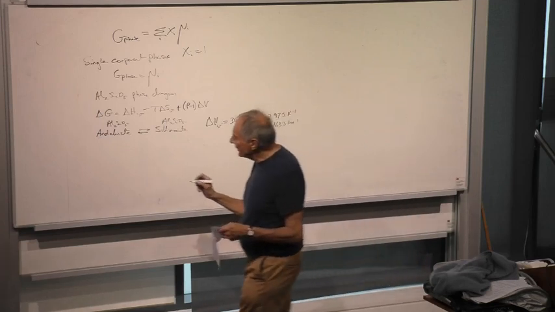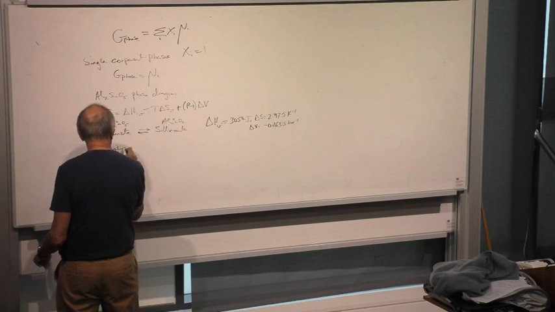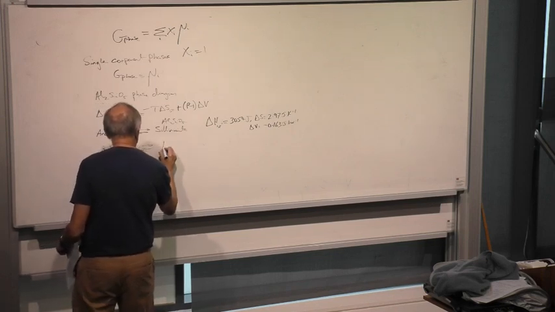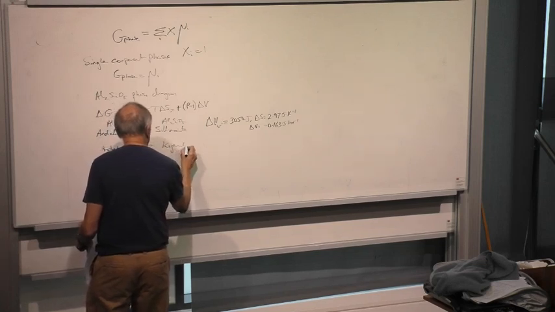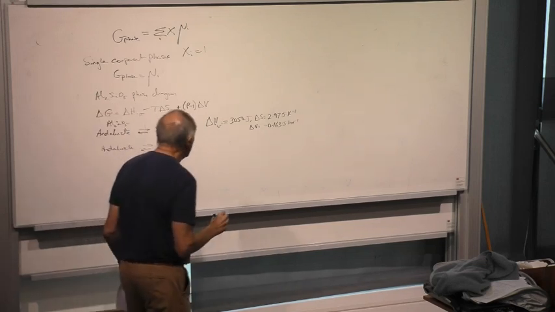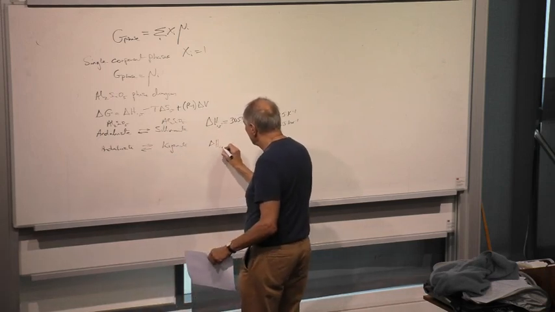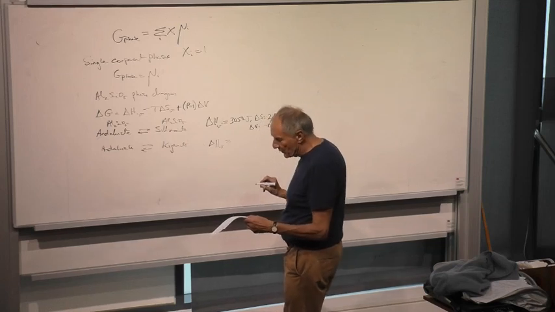And andalusite goes to kyanite. Delta H is equal to minus 4352.